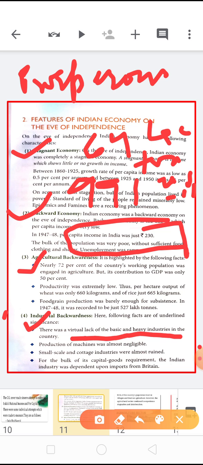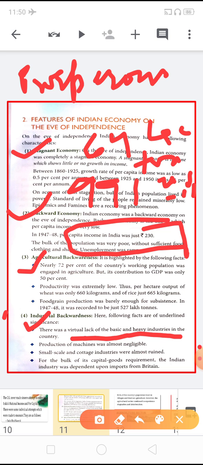Next, children, is rampant poverty. I mean, the bulk of the population was very poor, and people were not getting two square meals a day. They lacked shelter and clothing, and this was largely owing to widespread unemployment, which was caused by the destruction of the Indian handicraft industries.